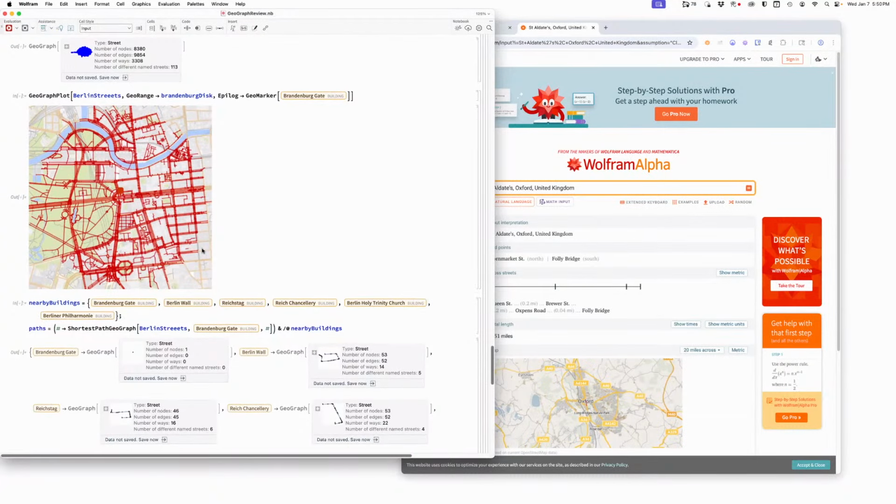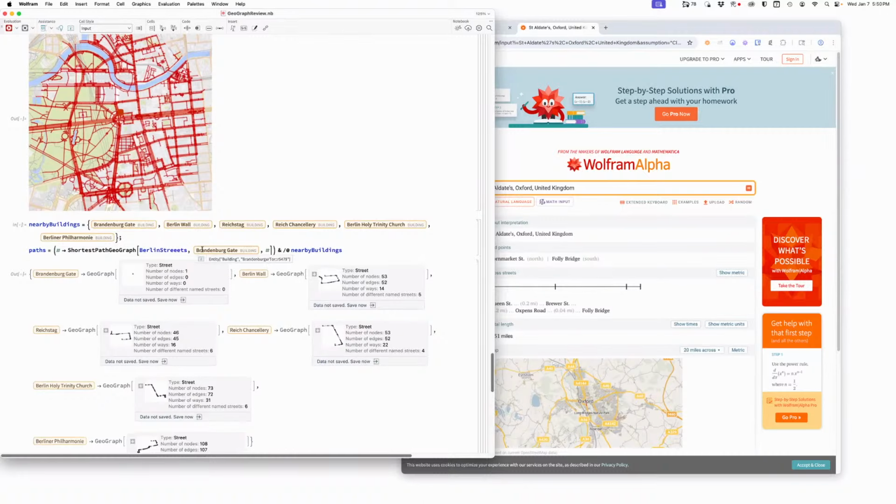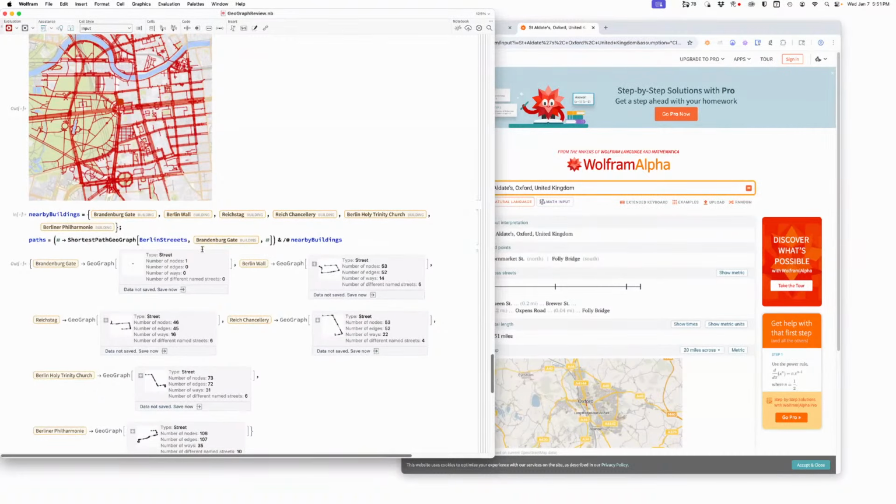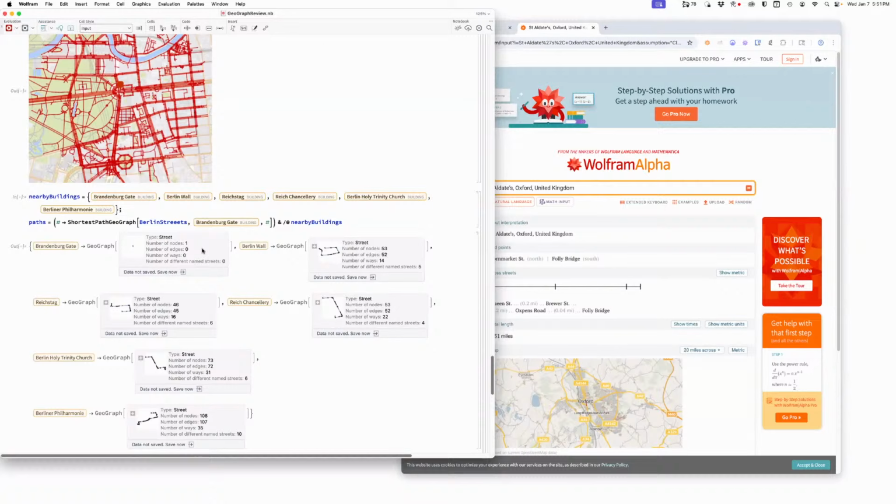The idea here was to play a bit with how to do the shortest path using this graph between different notable buildings. Well, the function that we have is find shortest path for a graph. I'm sure we are using that behind the scenes.